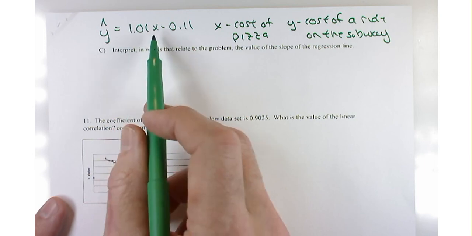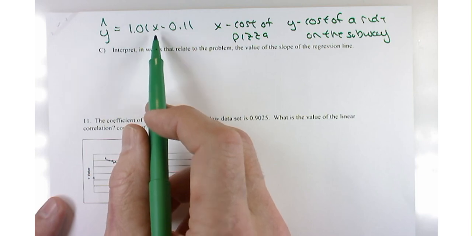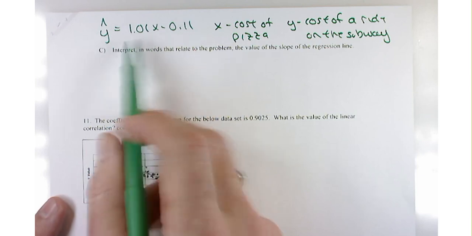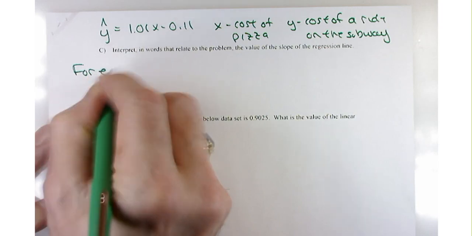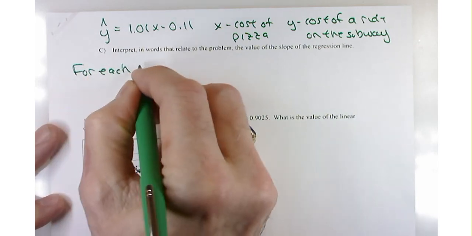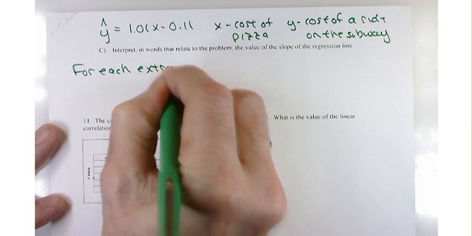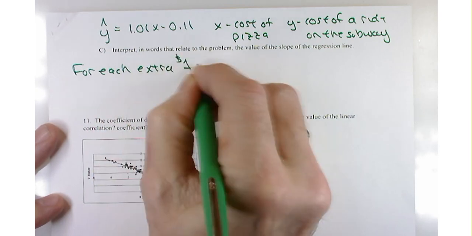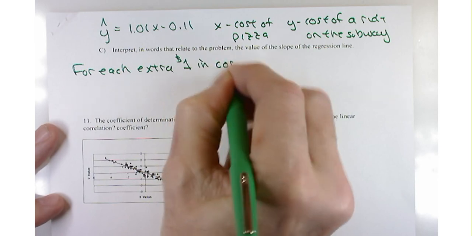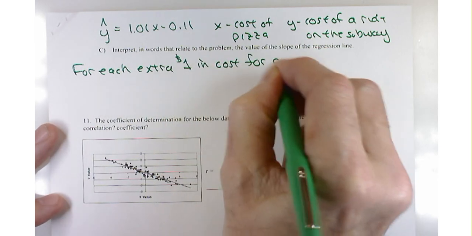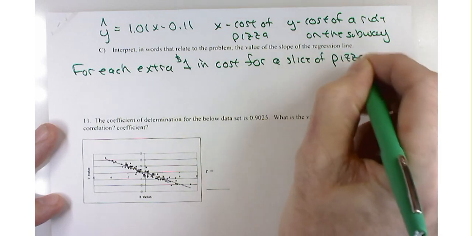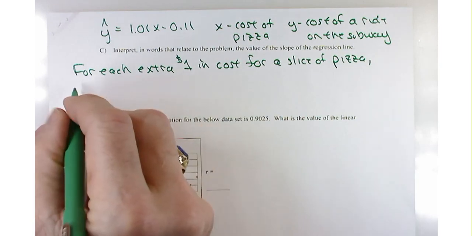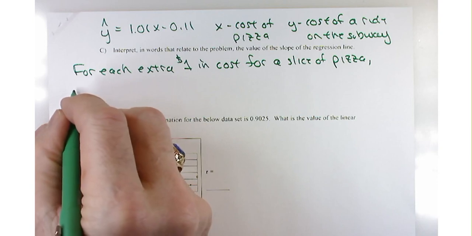For every extra unit you have here, the price of the subway token is going to go up by that much. So for each extra $1 in cost for a slice of pizza, subway fares increase by $1.01.